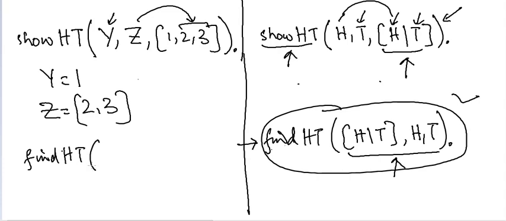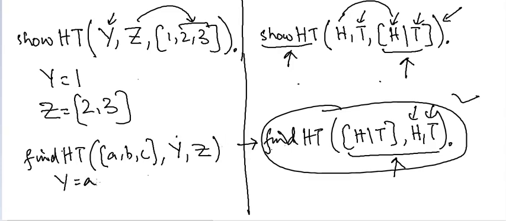So first I'll mention my array, which would be, for example, a comma b comma c, and then I'd mention the head and tail, so two variables here, like let's say y and z. So now y will equal the head, which is going to be a, and z will equal the remainder elements b comma c, right? So pretty simple. I hope you understand how a list gets processed.